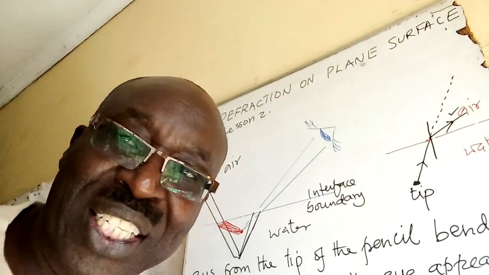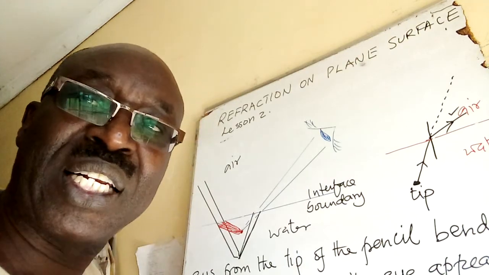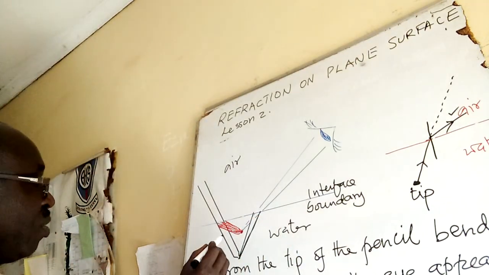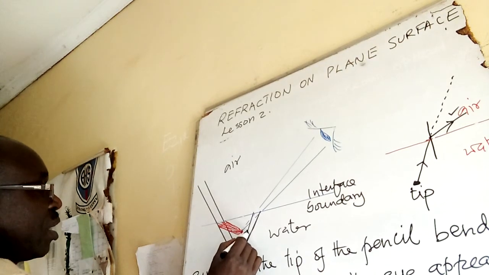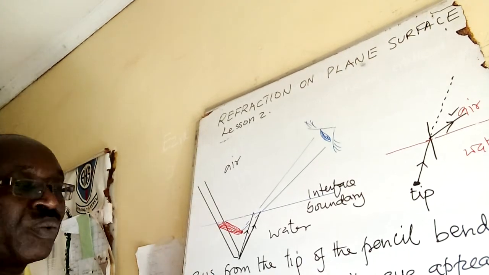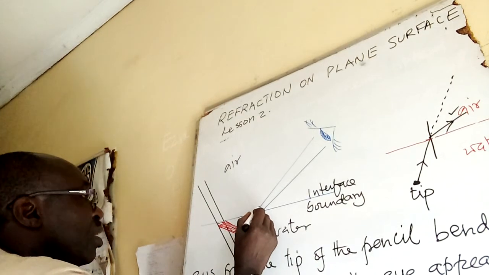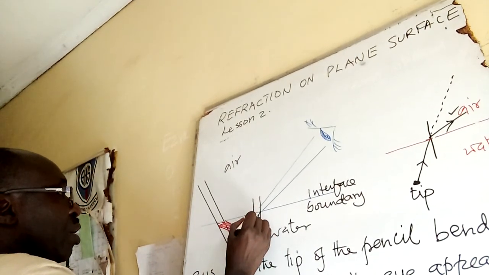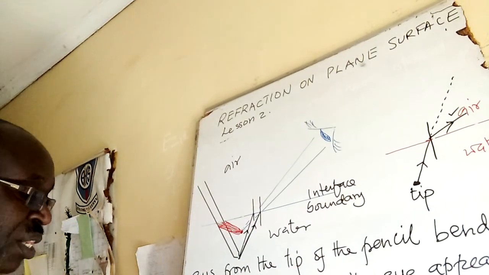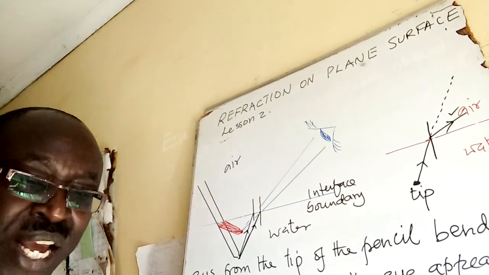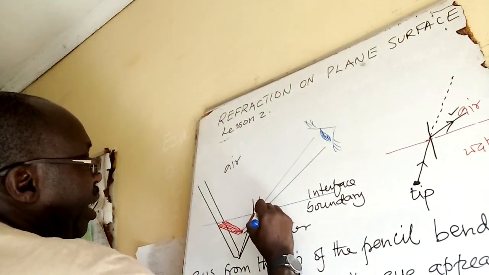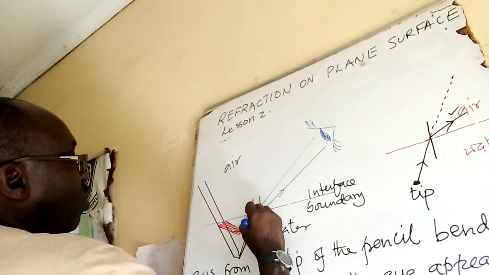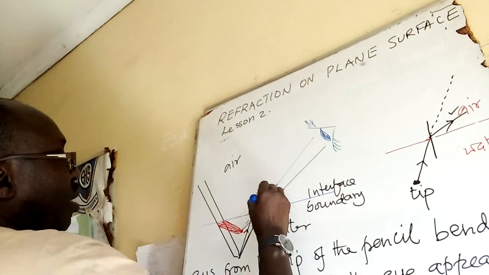That is what we are studying, what happens at the boundary. So we are saying the two rays now, this ray 1 and ray 2. At this point, you draw the normal. Then they will bend. So it bends, and this one also will bend.